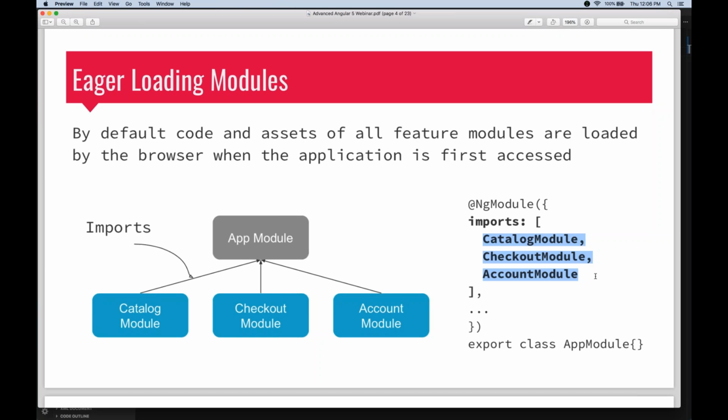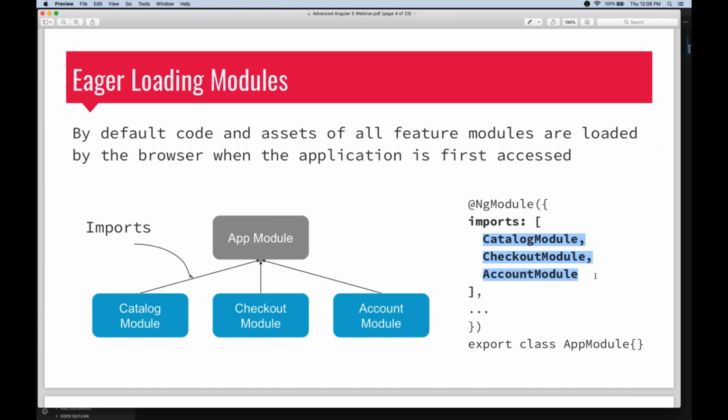Now, there's nothing wrong with that. It works very well. But what you can do is improve the experience of the user a little bit, especially when you have very large feature modules. Like in this case, we have the checkout module and account module, and these modules are probably not used by most users. Most users just browse through your products and things like that.